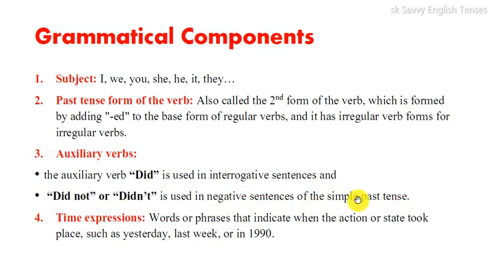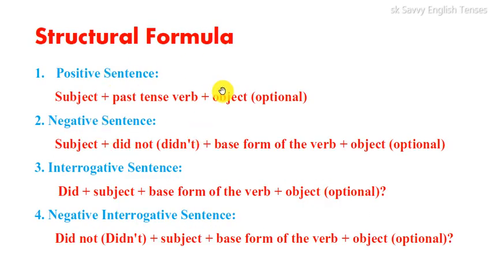Okay, so here we have the structural formulas for making sentences in the simple past tense. Number first is the positive sentence, and the formula is subject plus past tense verb plus object. The second one is the negative sentence, and the formula is the subject plus did not or didn't plus base form of the verb plus object.